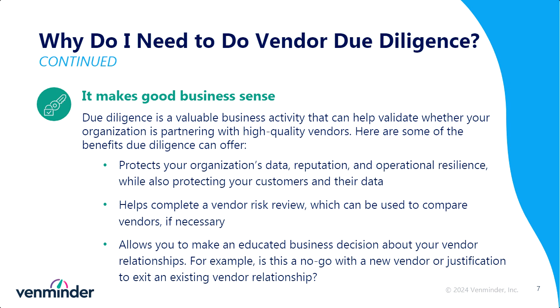It also helps you complete a vendor risk review, which collects all of this information into a single source. And this is a tool you can use to compare two or more vendors that might offer a similar product or service, but one vendor has stronger controls in place. And due diligence will also help you make better decisions about your vendor relationships, like rejecting a new vendor during onboarding or justifying your decision to exit the relationship.